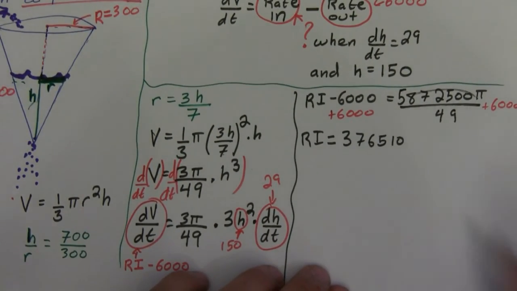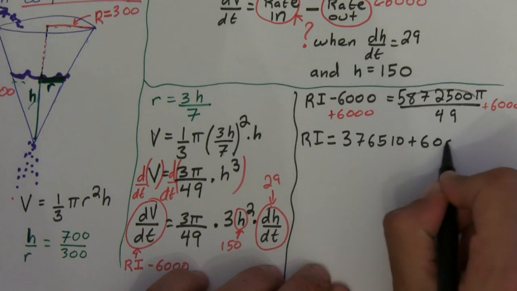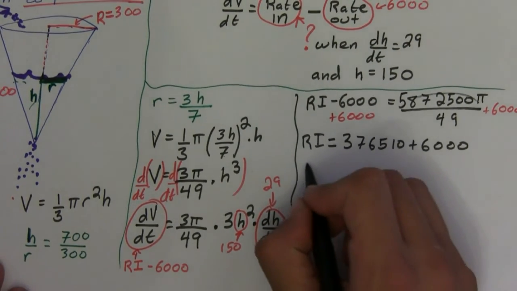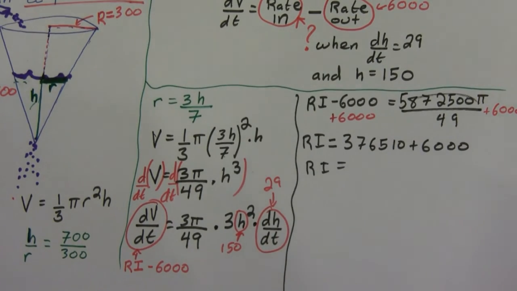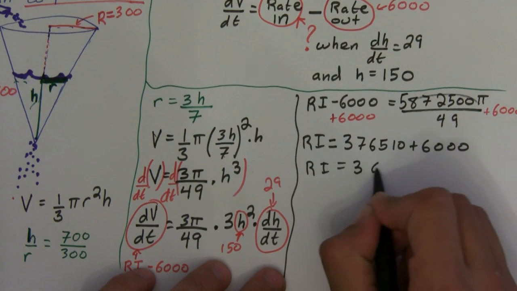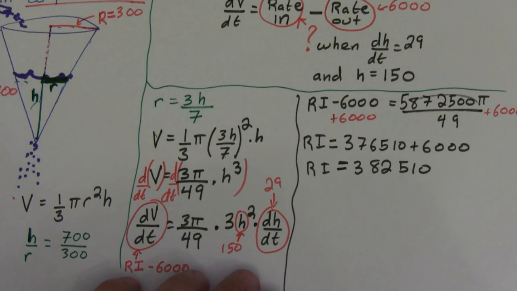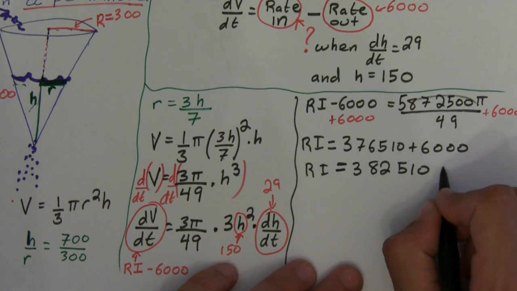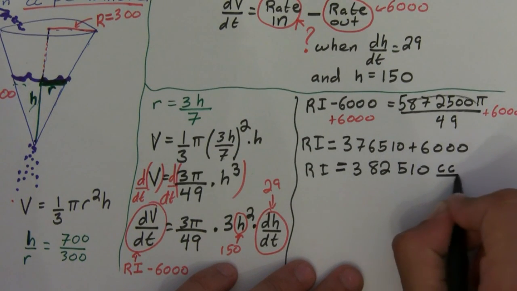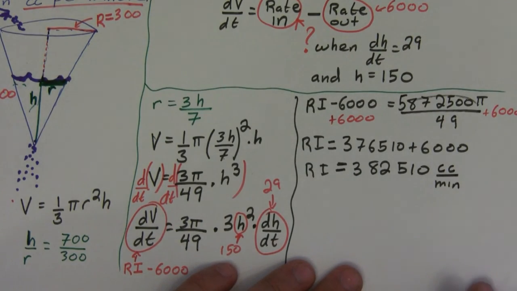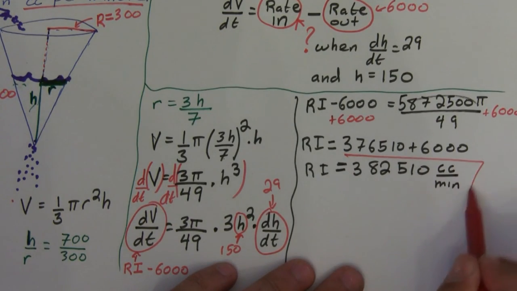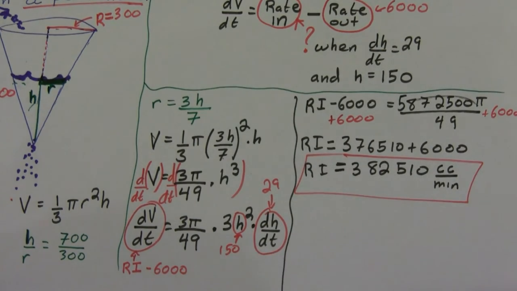So that means this is equal to approximately 382,510. And this is cubic centimeters per minute. And that's it. That's the rate at which the water is coming in. And it's coming out at 6,000 cubic centimeters per minute.